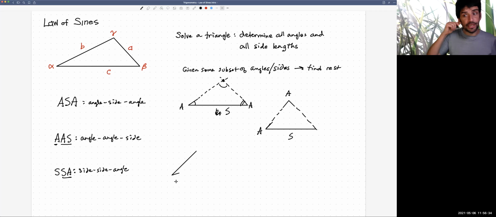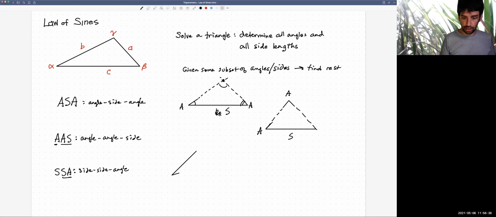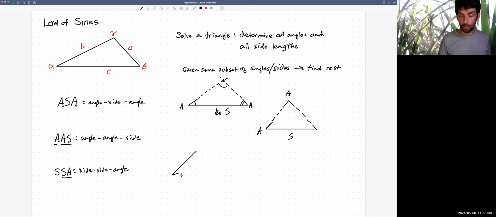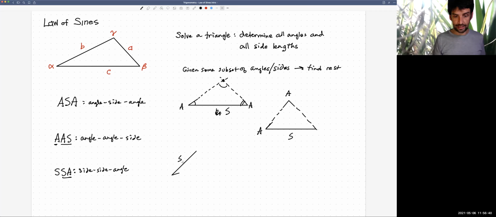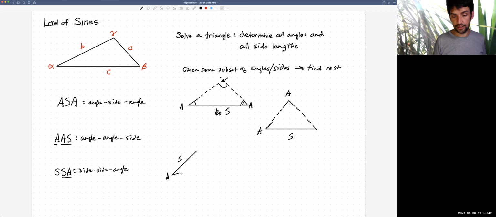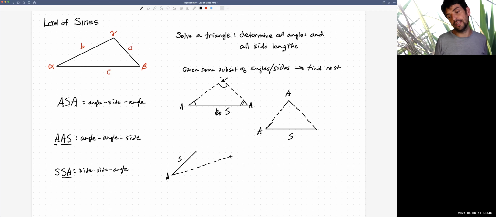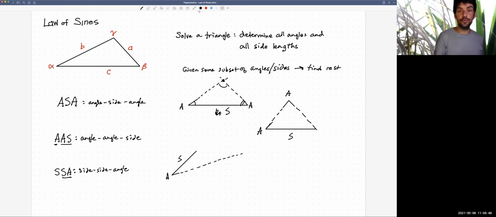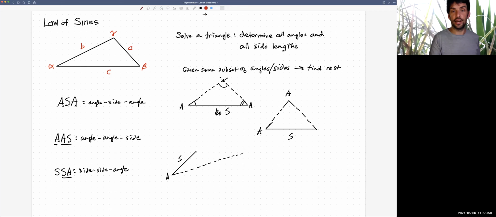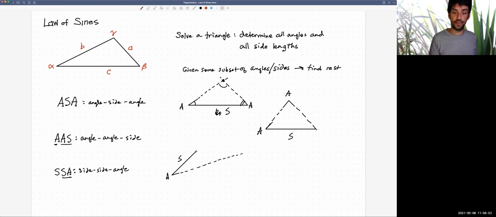And then there's going to be another side. We know the length here can't change, and we know this angle can't change. So this side that's going to exist over here can be any length, and then we're going to have a side of a certain length coming off of this point at any angle.